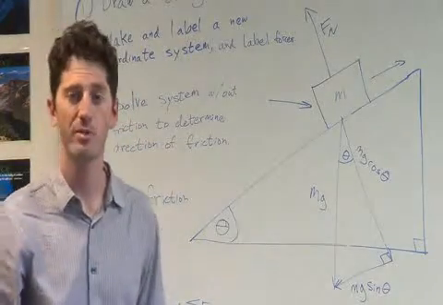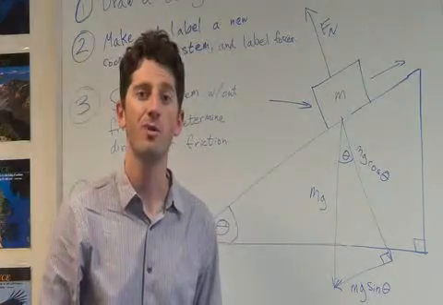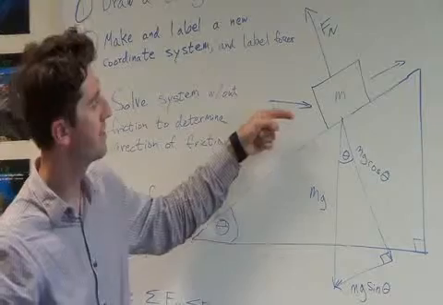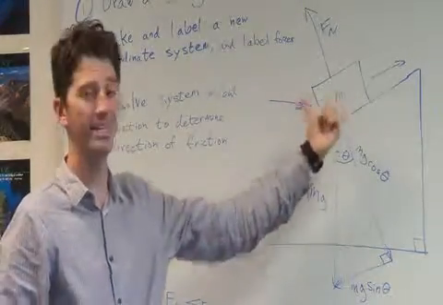Friction is always going to oppose the direction of motion. So if we have a force that is going to make this block move up the ramp, then we know friction is going to be pointing downward.